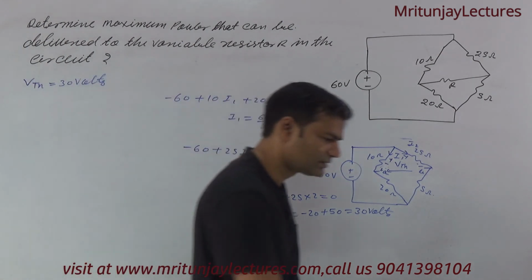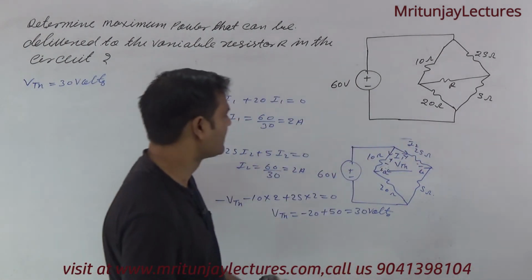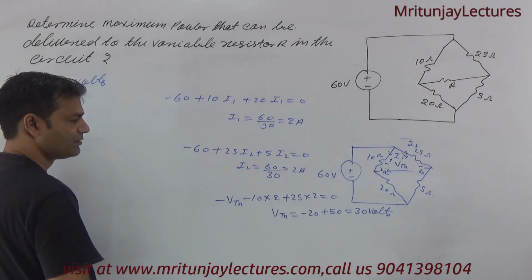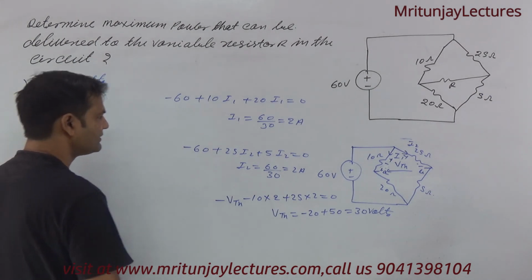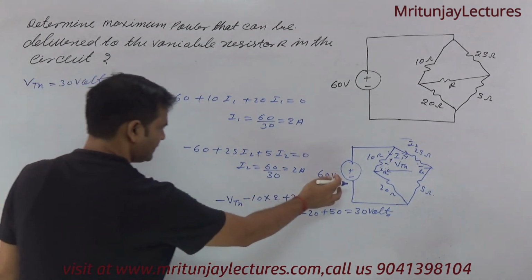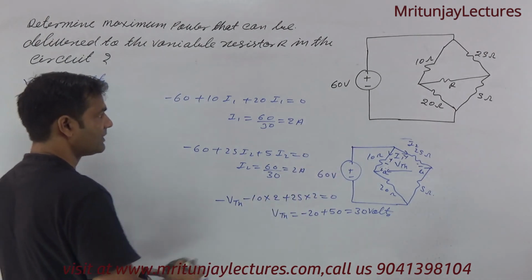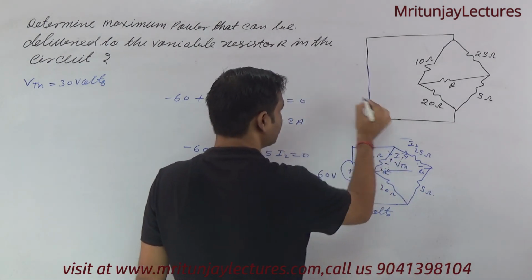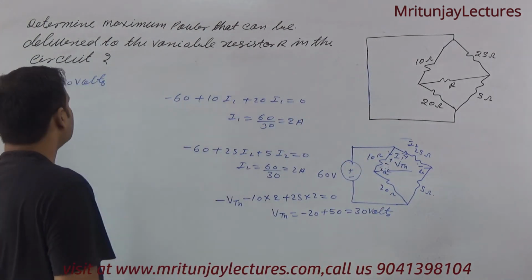Our next target is to determine RTH corresponding to V of AB. If you determine RTH, then the voltage source is short circuited, so this one is represented like that.